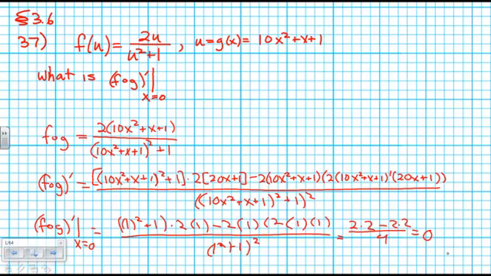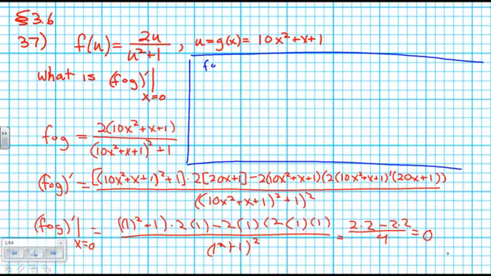So let me offer an alternative. We look at f of g prime as being the derivative of f with respect to u multiplied by the derivative of u with respect to x.